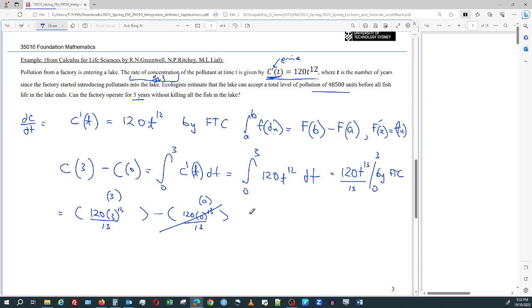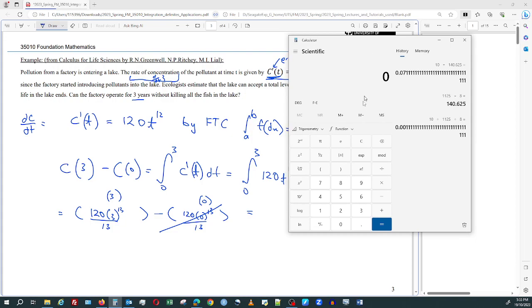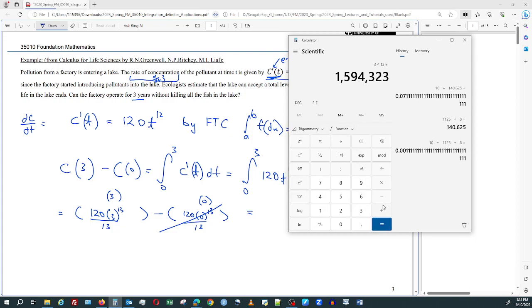So we get approximately a very big number. Let's have a look at 3 to the power 13, and divide that by 13.